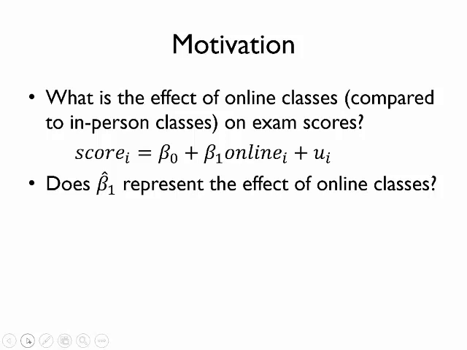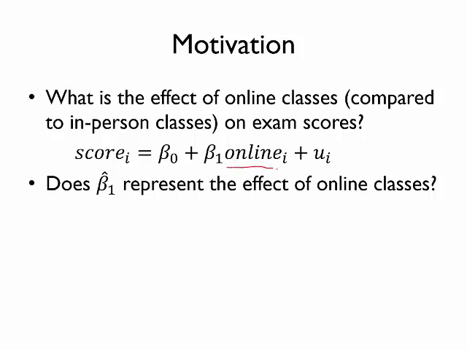One way you might think to estimate the effect of online classes is to collect data from different individuals. In this regression, i represents an individual. We could collect information on their exam scores, and we could also collect information on whether the individual was in an online class.